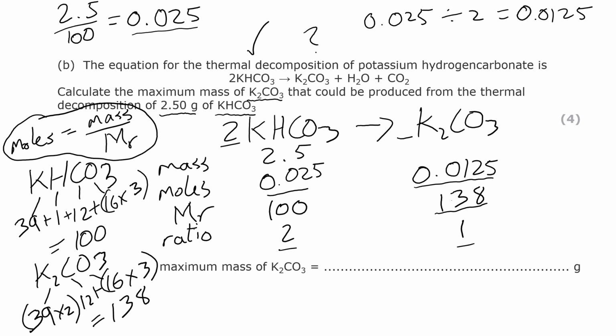So now we've got the moles, and we've got the Mr, 138. We can use our original moles equation to calculate the missing mass. And we need to rearrange our equation from moles equals mass over Mr to get mass on its own.